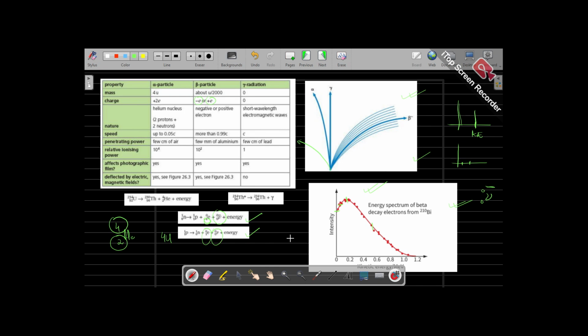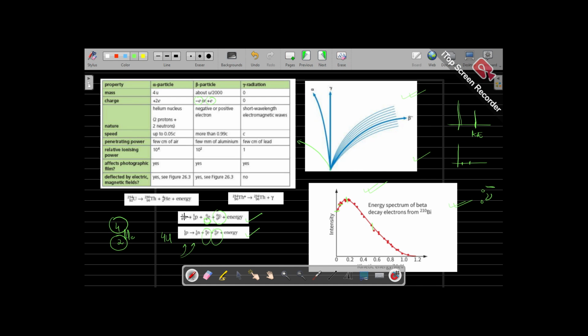Now, this part right here is because a beta is always emitted from within a nucleus. But then we know that nucleus is made up of protons and neutrons only, right? It does not have electron in the first place. So how come a nucleus emits a beta particle, be it positive or negative?